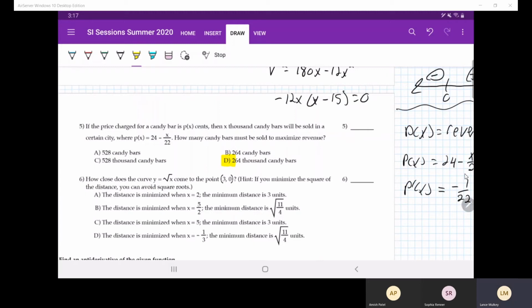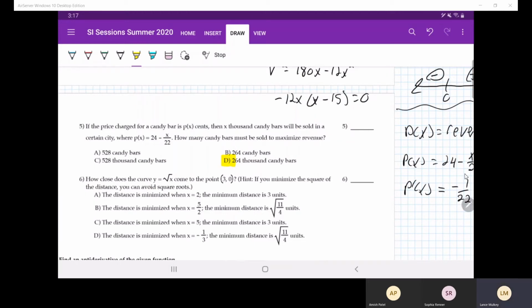So 24 minus 264 over 22 gives you 12 cents to sell 264,000 candy bars.